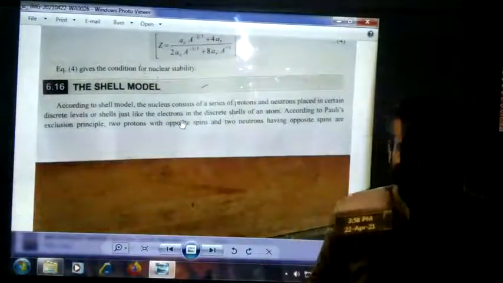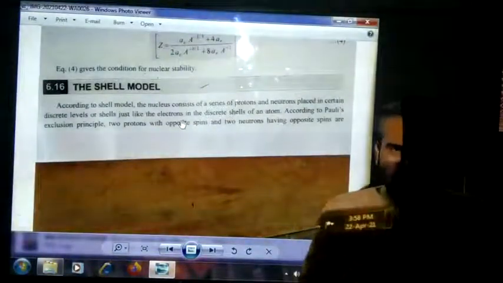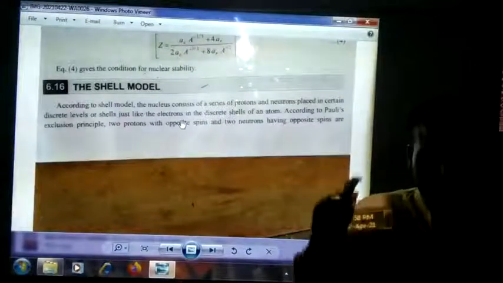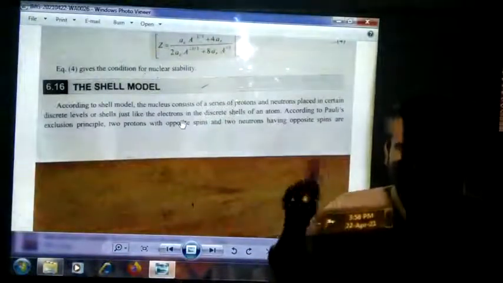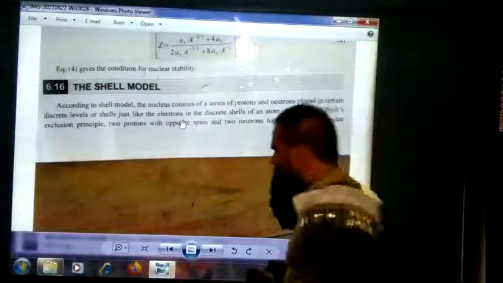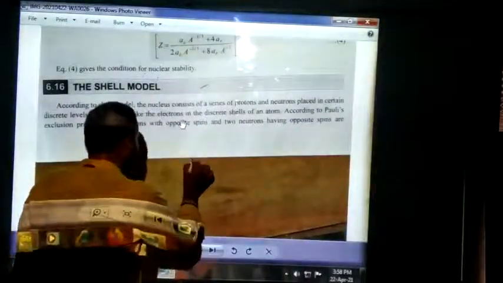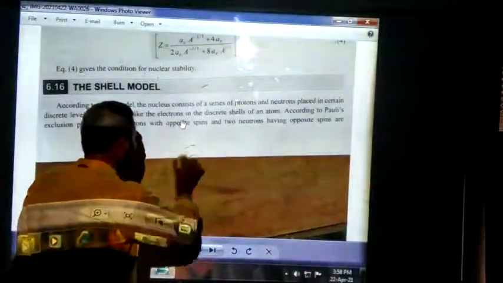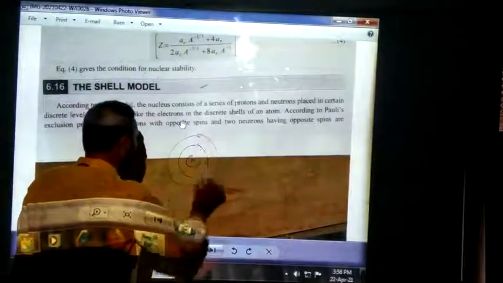Here, the shell model gives what? Here also we are comparing the nucleus with the atomic shell. If you take any atom, at the center we have the nucleus, and around it we have electrons, isn't it?